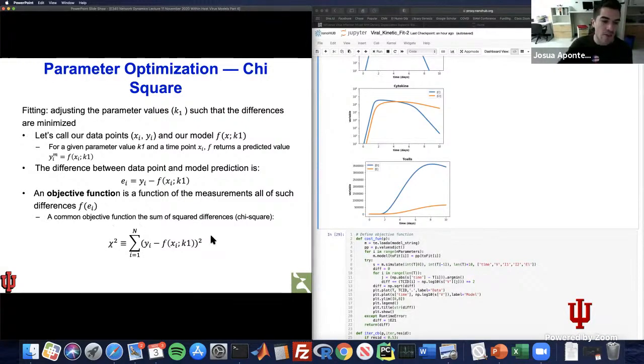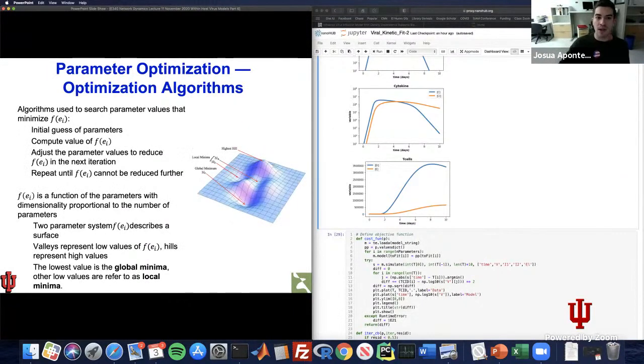This chi-square defines what is called the objective function. Then our optimization algorithm is going to minimize that objective function, which is another way of saying that it will try to minimize the distance between the model and the data.